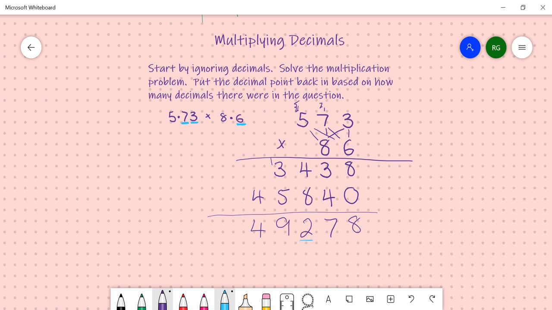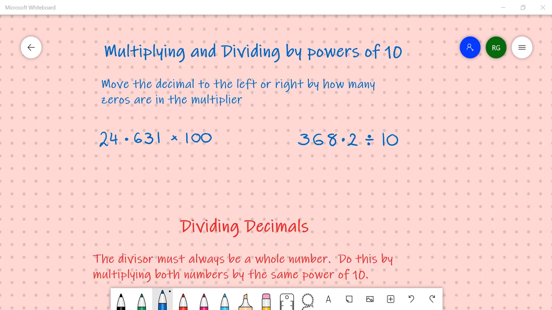So what we then do is we count the decimal places, and the answer is 49.278, as we predicted, because 5 times 8 is 40, and 6 times 9 is 54, so it was somewhere in that range. So there's two ways of doing it, and the accurate way is count up how many decimal numbers there are after the decimal place. We're now going to have a look at multiplying and dividing by powers of 10.